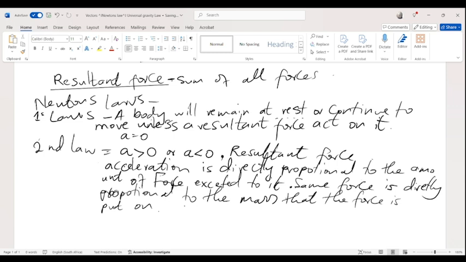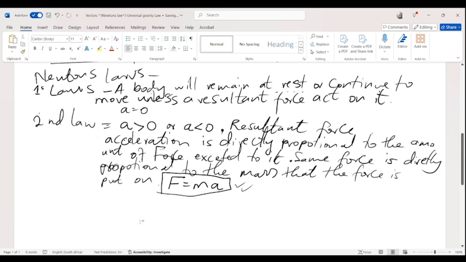Okay, now to summarize Newton's second law, this is Newton's second law. We're done. So you can just put that formula and you will get the marks. That's Newton's second law.